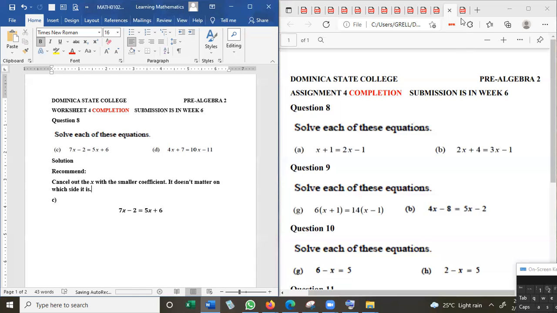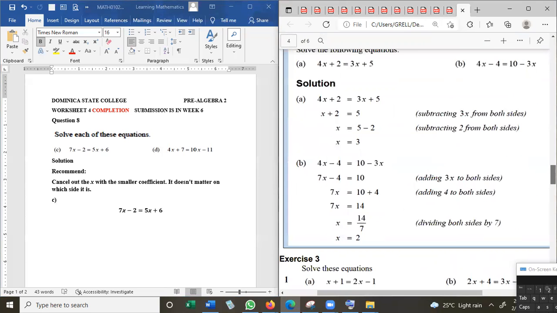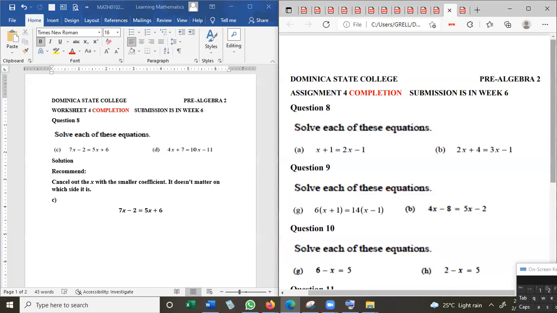If you look into the module, this recommendation might not appear, because I'm not the one who made the module. It's not mandatory, it's a recommendation.